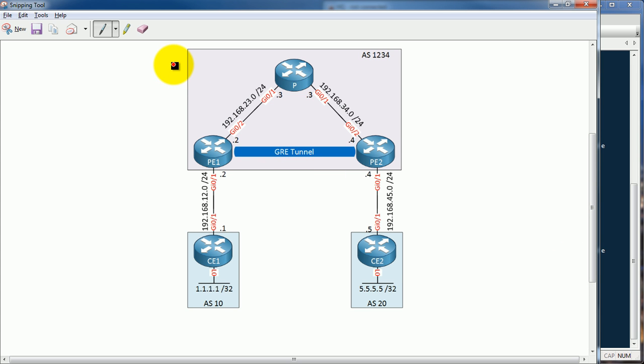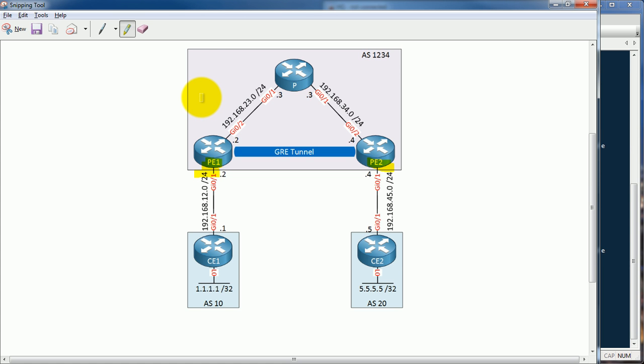The topology here is a small version of the topology I showed you before. This ISP has only one customer, using a tunnel between P1 and P2. So we don't need iBGP on the P routers.